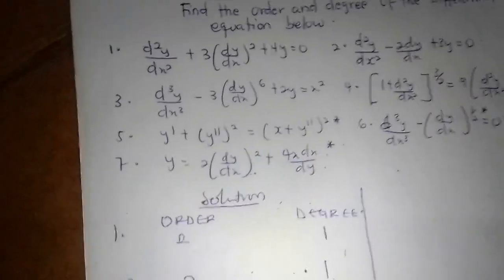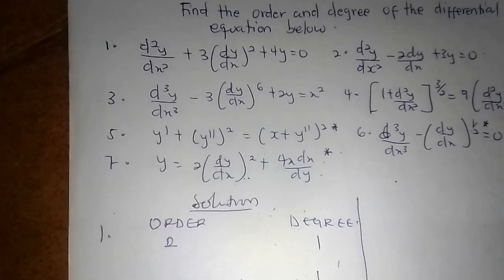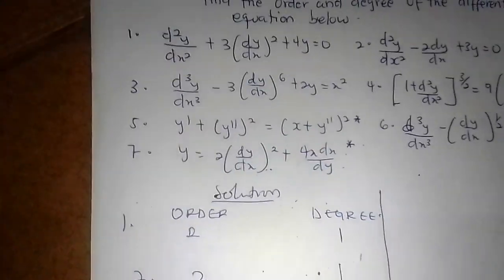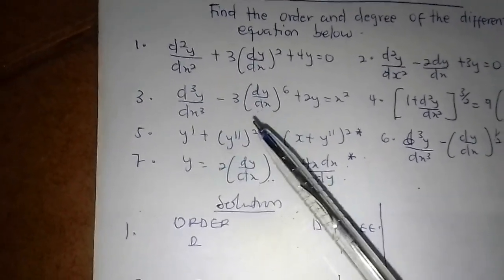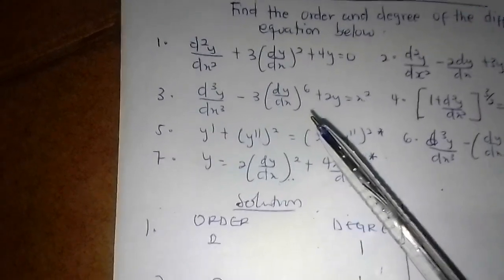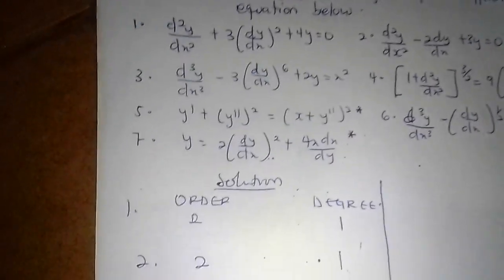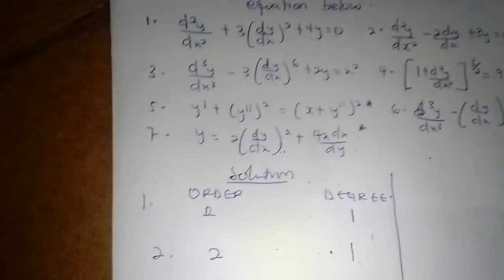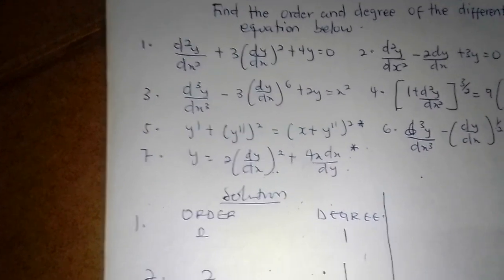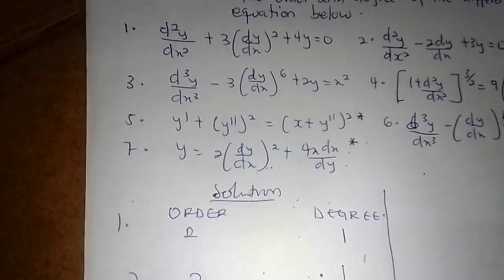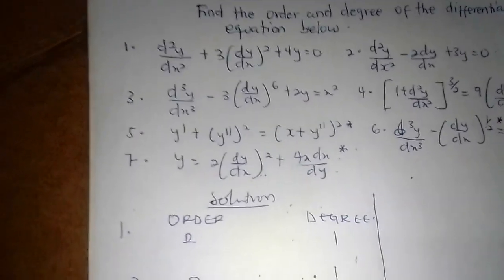Then let's see the third equation. In the third equation, we have d cubed y over dx cubed minus 3 multiplying dy over dx to the power 6 plus 2y is equal to x squared. Now this, you can see that the highest derivative we have in it is d cubed y over dx cubed, meaning the order is 3, as simple as that.